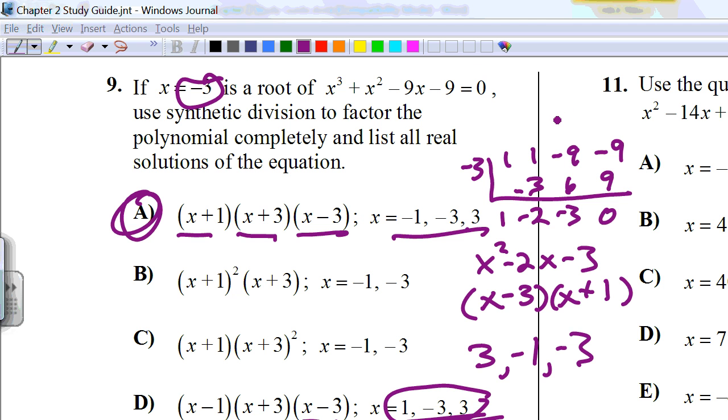All right, now use the quadratic formula to solve. So we have negative b plus or minus the square root of b squared, 14 squared, minus 4ac, which is 4 times 46. 4 times 46 is 184.